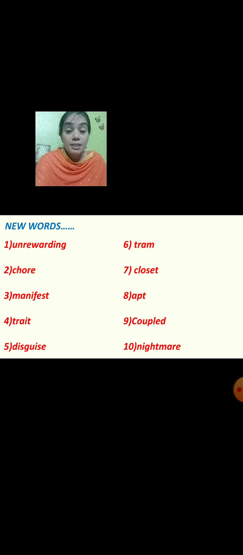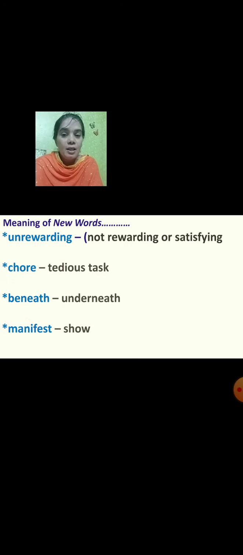Number 5, disguise. Number 6, cram. Number 7, closet. Number 8, apt. Number 9, coupled. And number 10, nightmare. Now children, let's read the meaning of the new words.